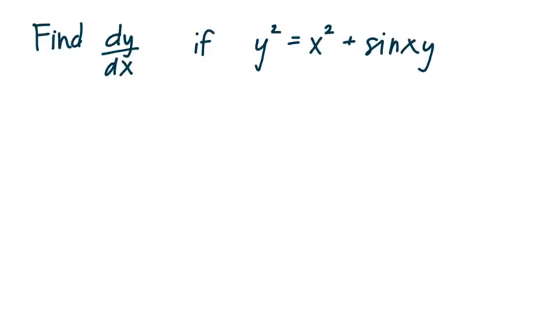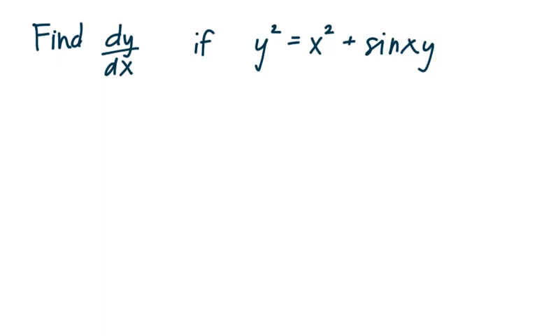So we want to find the derivative if we're given this implicitly defined function. So we're going to find dy dx if y squared equals x squared plus the sine of xy. Now, I really want you to understand why this is implicit, because how are you going to isolate that y there, right?